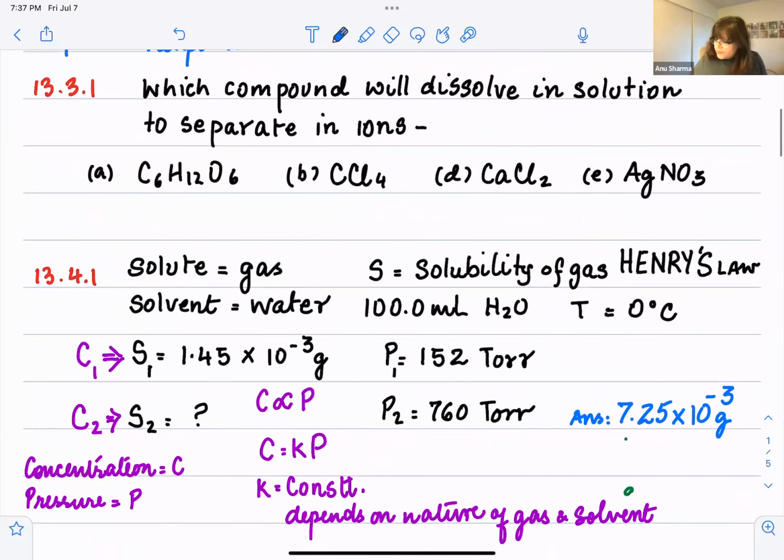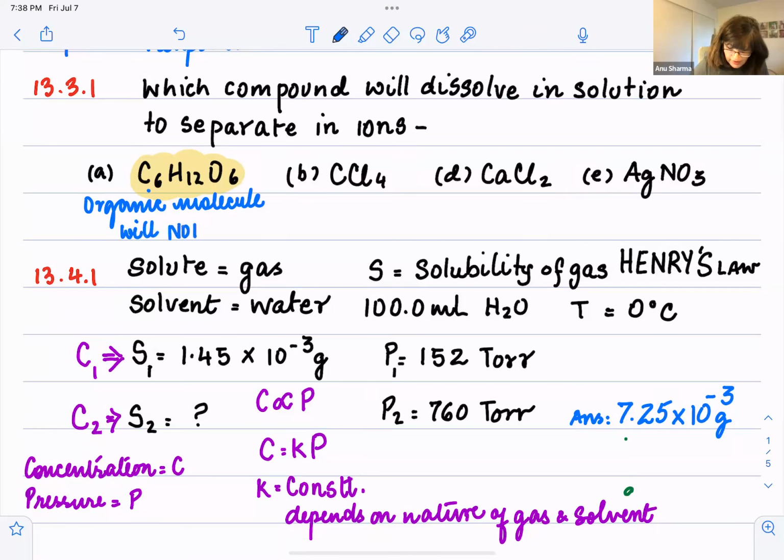Next is which compound will dissolve in solution to separate into ions. So in other words, will break up into ions. Remember that anytime you have C3H10O6 like that, this is an organic compound, an organic molecule, and will not ionize.